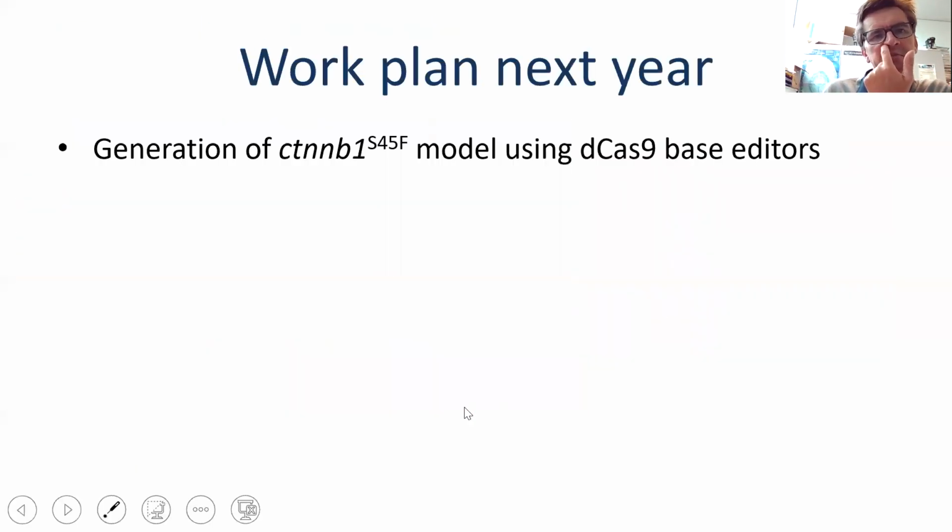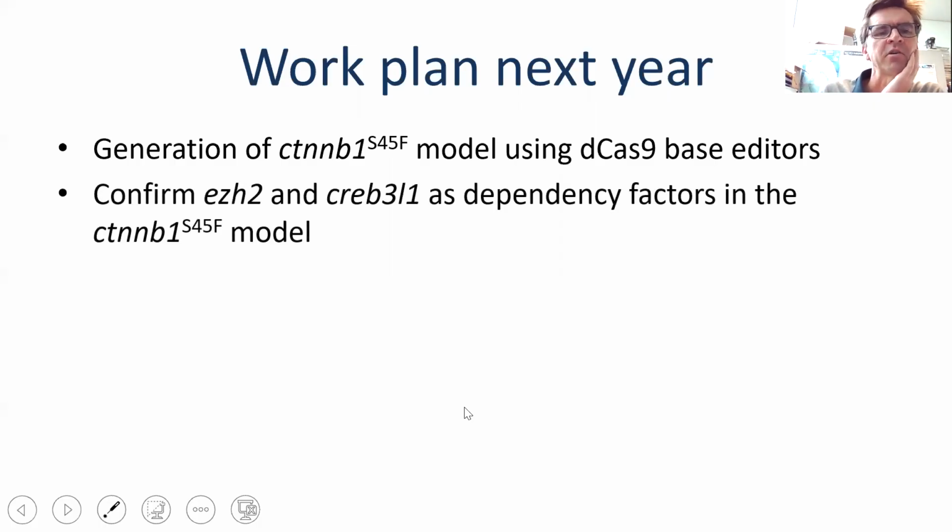So this brings me to the work plan for the next year. We want to further improve our base editor models for introducing activating mutations in the beta-catenin gene. And of course, we want to use that model to also confirm EZH2 and CREB3L1 as dependency factors.